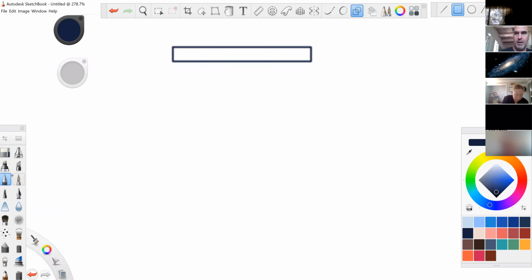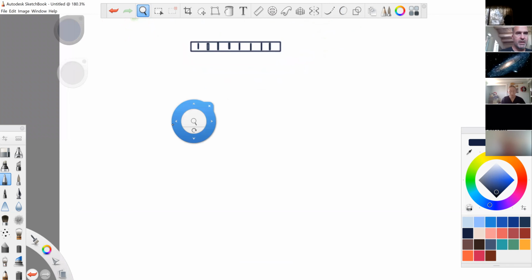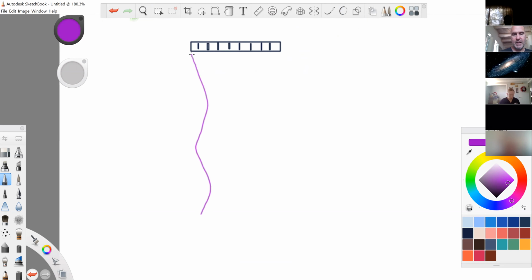Actually, my multiple elements. Still in box. And I create a beam that looks a little bit like, I focus again, I focus a third time.